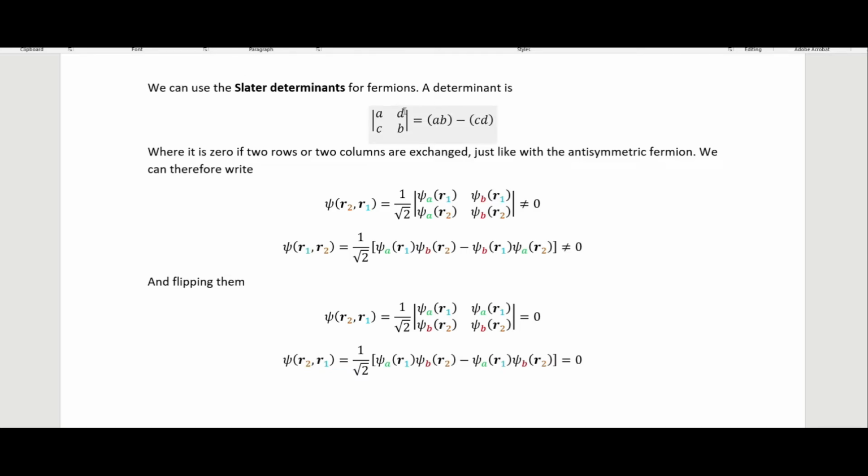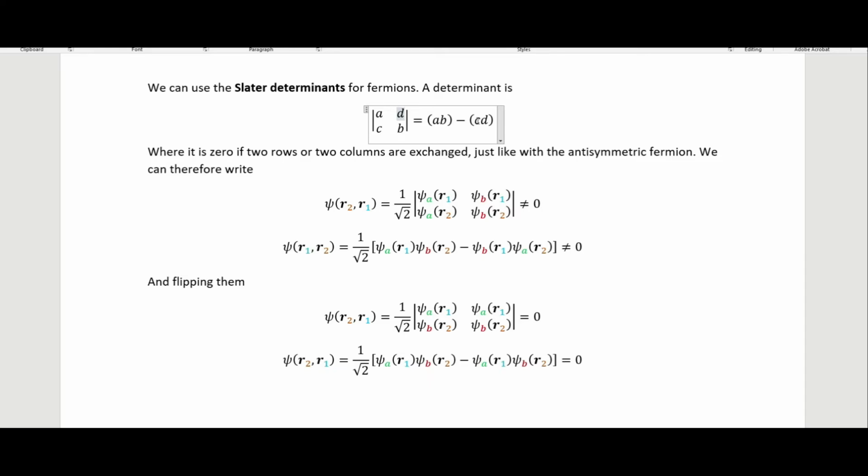A determinant is just this. It's looking at elements of a matrix, but you just take the upper left times the bottom right and multiply them, and then subtract the product of the, well, it would actually be the upper right and then the lower left.